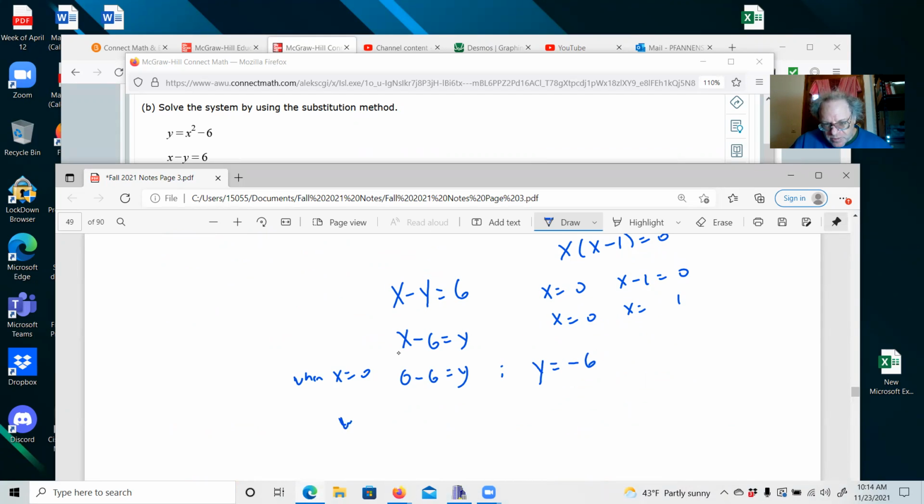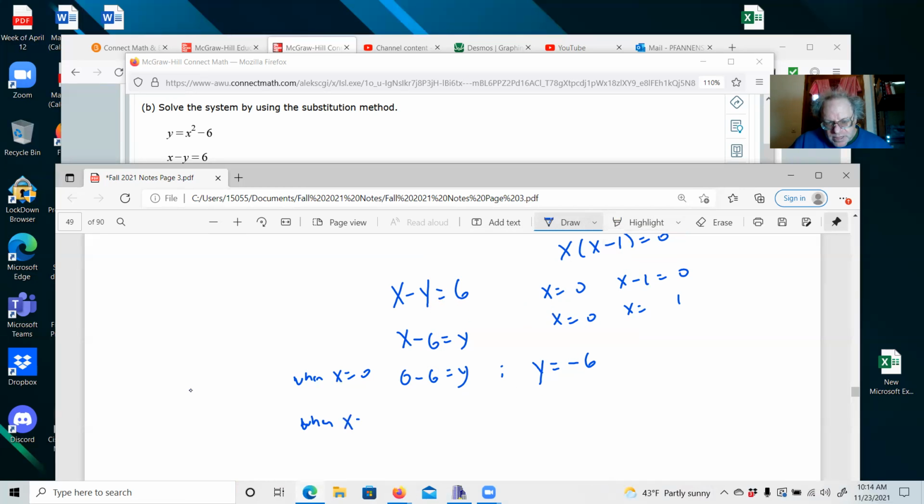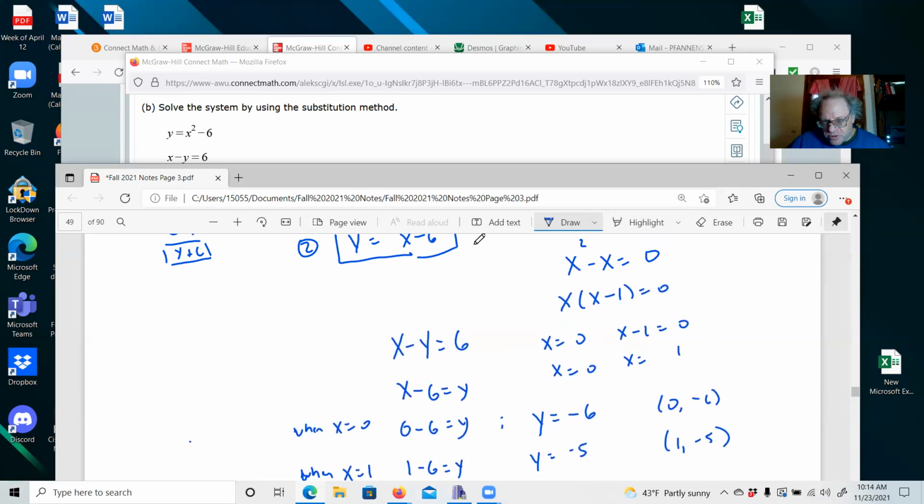And when x equals 1, we have 1 minus 6 equals y, so 1 minus 6, that's negative 5 equals y, so we'll have y equals negative 5. So our 2 points, (0, negative 6) and (1, negative 5). Okay, that's going to be our solution.